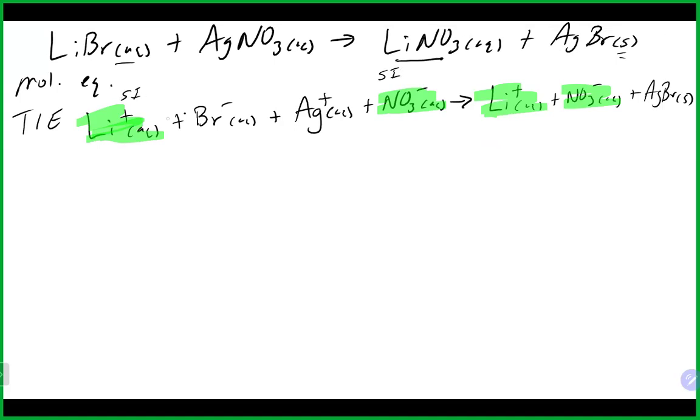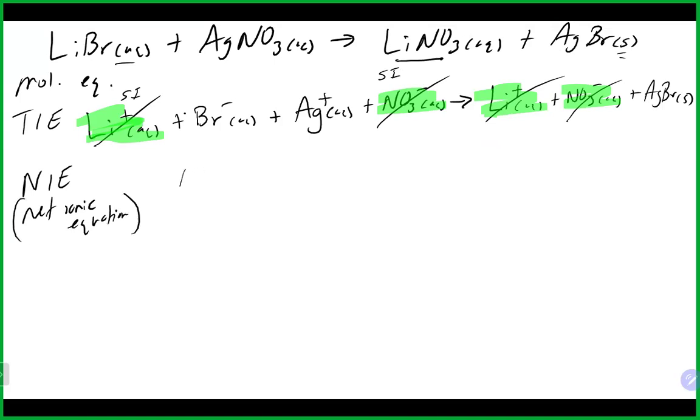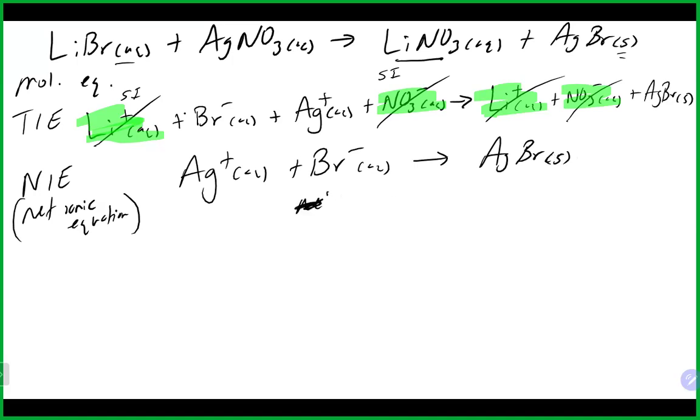We're going to cancel those out, and we will be left with our net ionic equation, abbreviated NIE. We will have our silver ion plus our bromide ion going to make silver bromide. And again, that is ultimately what is happening in this case. This is our net ionic equation, obviously, the formation of this solid.